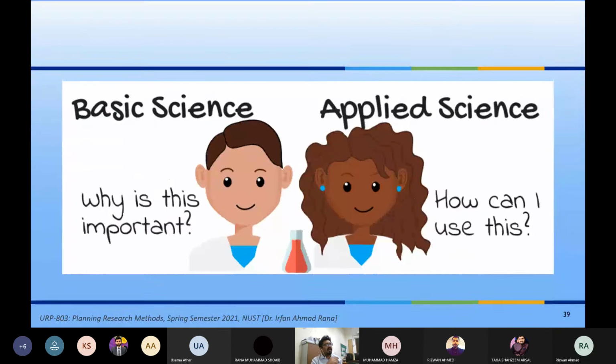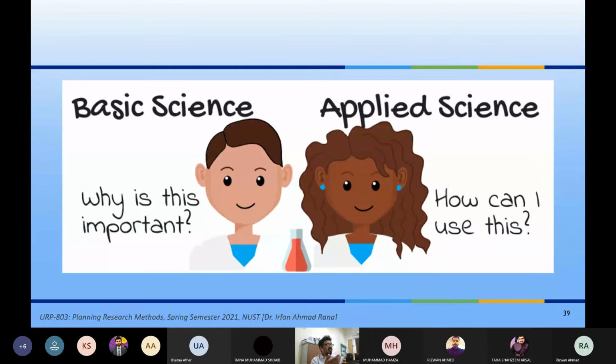And most of the time, applied research is very common in social sciences, or in urban planning at least. Basic science is just discussing a new theory and how it is important and how it can be done. But applied research is basically using it on the ground.